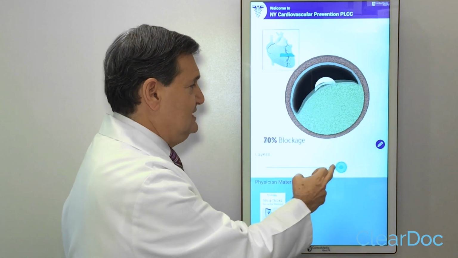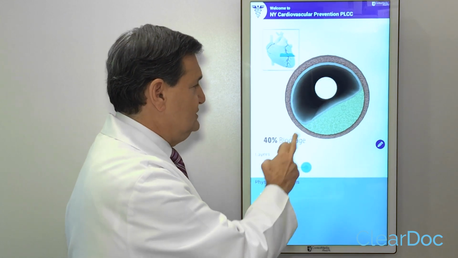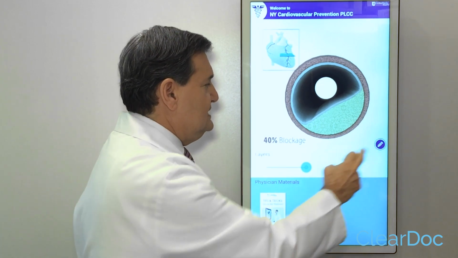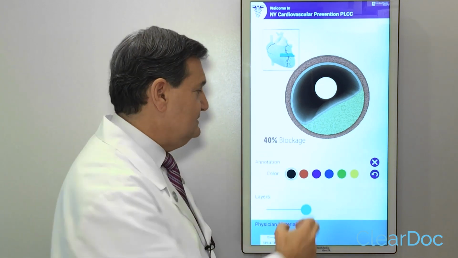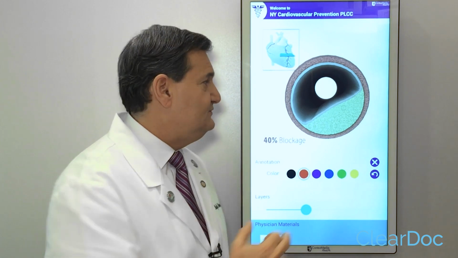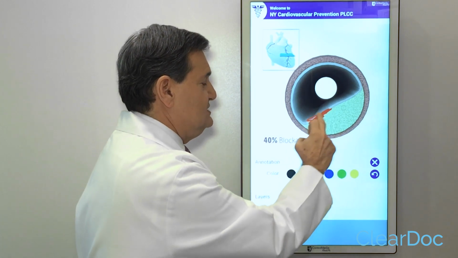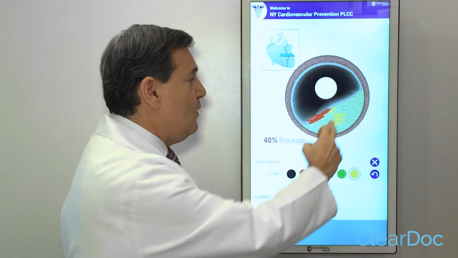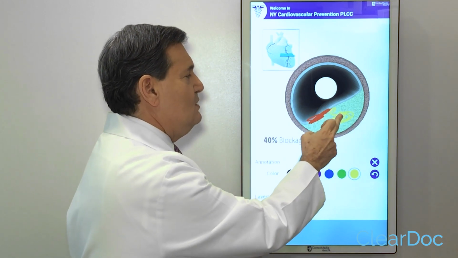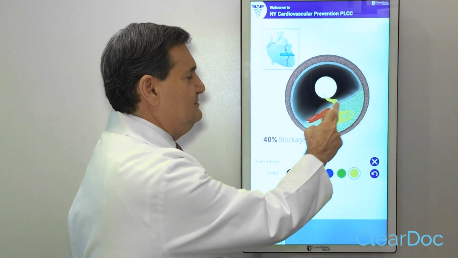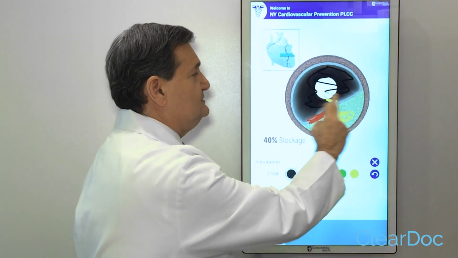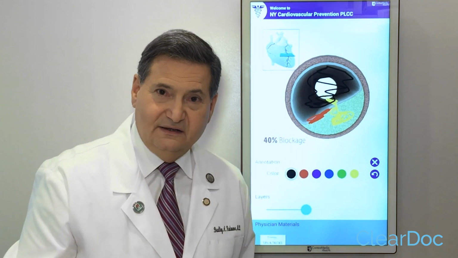What happens is this 40% narrowing will suddenly become inflamed. And if there's inflammation here, the cholesterol in the wall of the artery will break through into the bloodstream. When that happens, a blood clot forms and you have a heart attack.